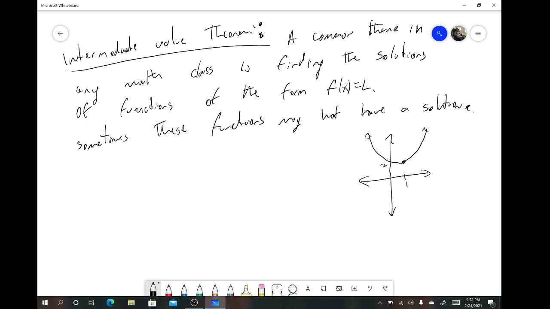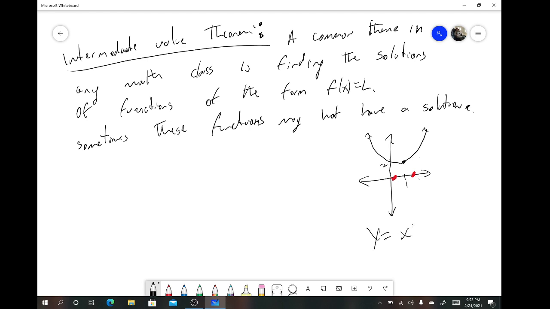Well, if you are only given the function of that parabola, then it may actually be very difficult to figure out the zeros. The reason is that this function will not have any zeros because you're never actually touching the x-axis. So if you were to attempt to use the quadratic formula for this, you will very quickly realize that this does not have a solution.